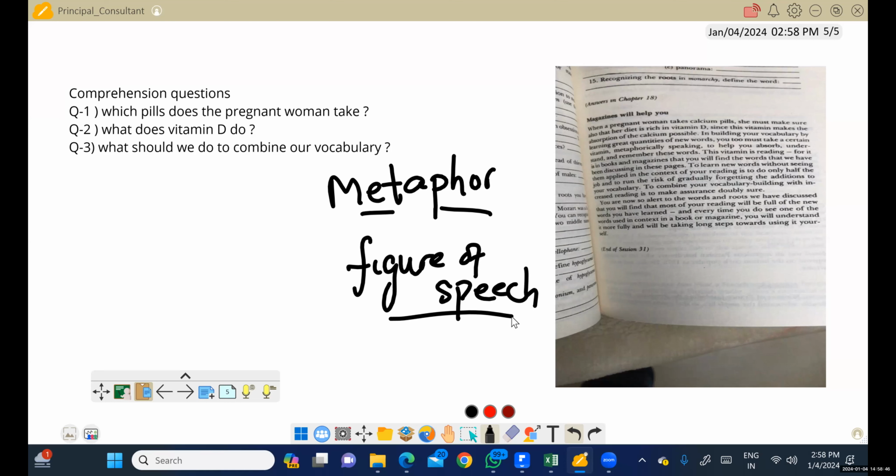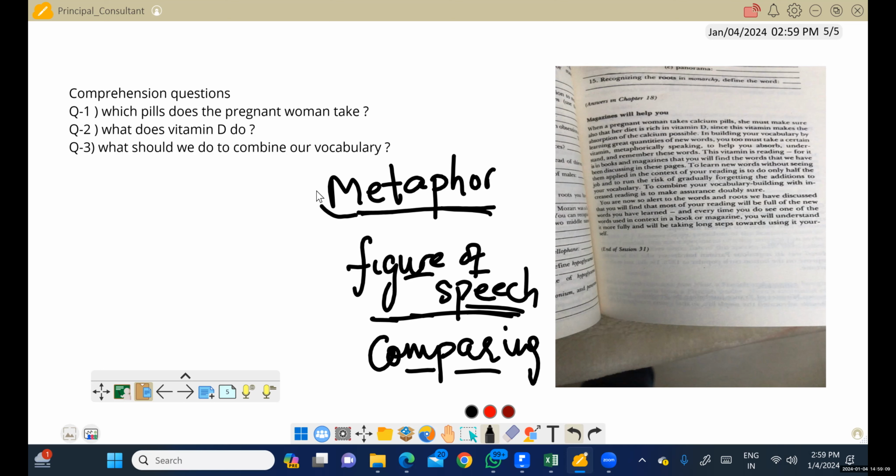Here, what is a metaphor? You're right. Metaphor, Anirudh said, metaphor is a figure of speech. It's a figure of speech. Right? Yes, sir. Where we are comparing something.